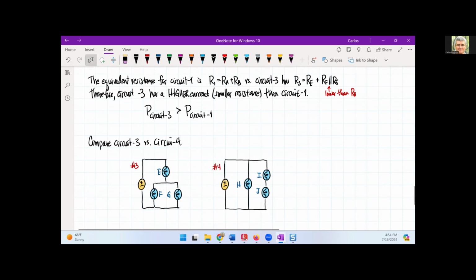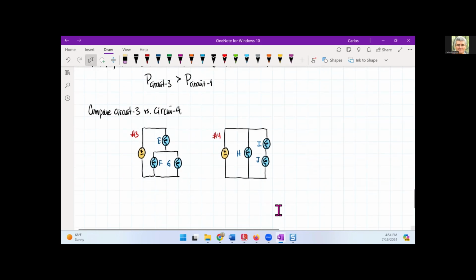The first thing I would note is, how do I compare the resistance? Well, these guys are in parallel, and these are in series.